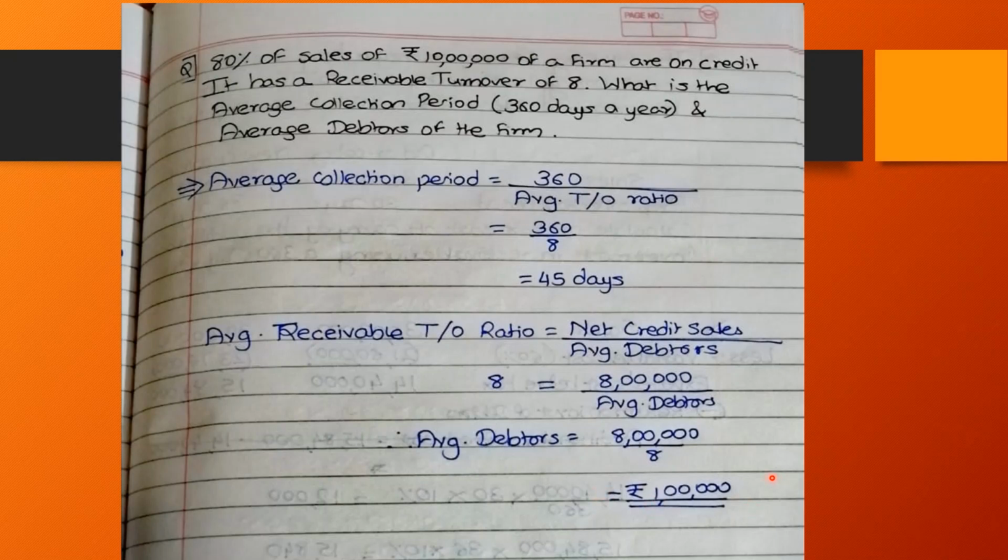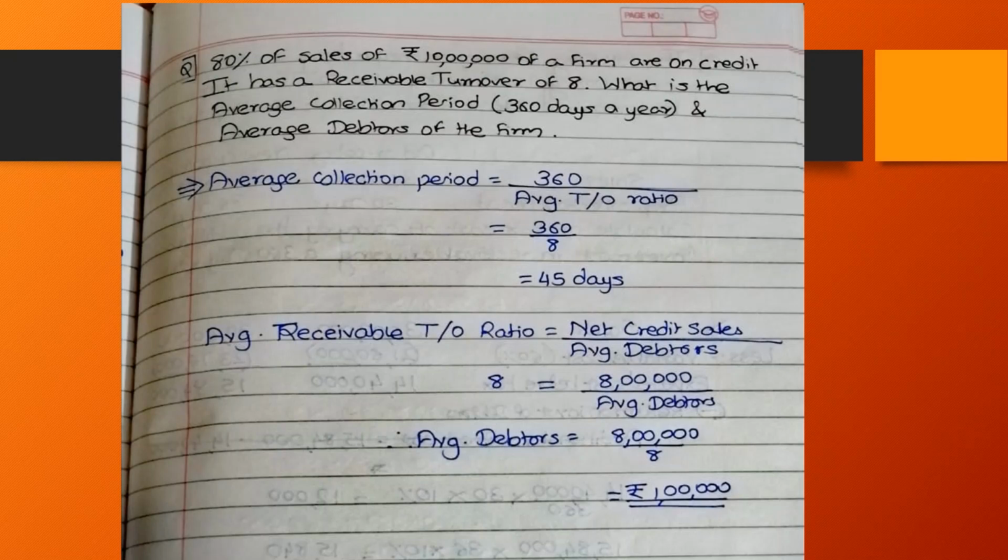We just need to remember both formulas: 360 upon average turnover ratio, and average turnover ratio is equal to net credit sales upon average debtors. And average debtors is found by opening plus closing upon 2. Maybe we will not be asked about it because it's just a 2 marks question.